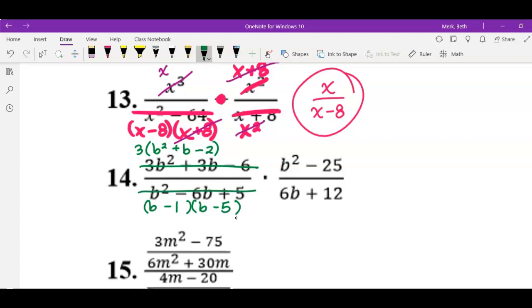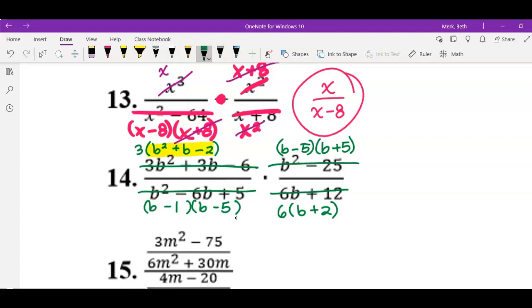Here we have a difference of squares. b minus 5 times b plus 5. And in this denominator, we have a greatest common factor again, leaving behind a b plus 2 after we factor out a 6. The only other thing we can do is look at this trinomial here.